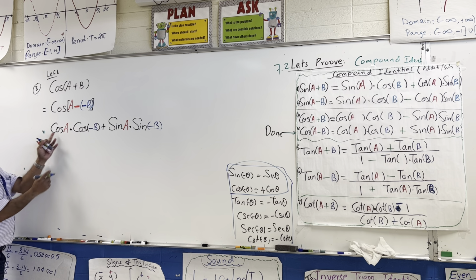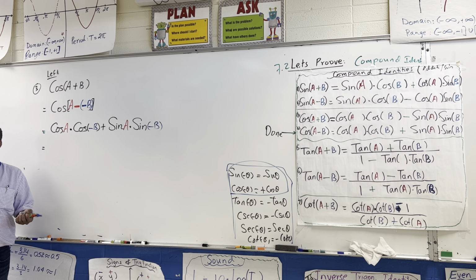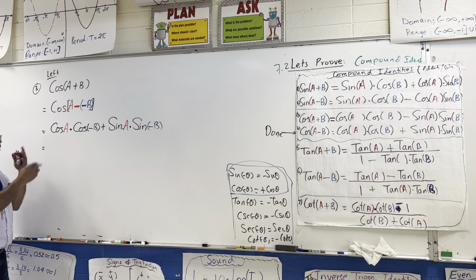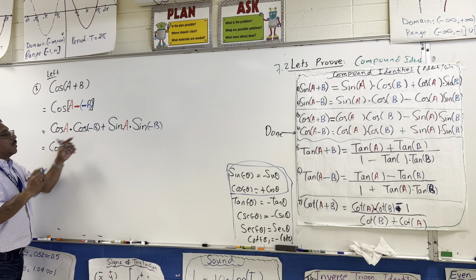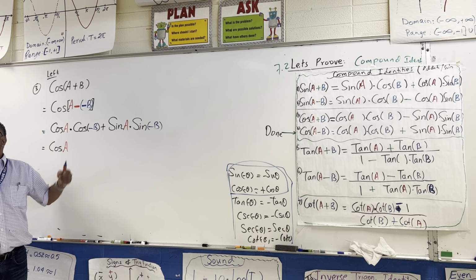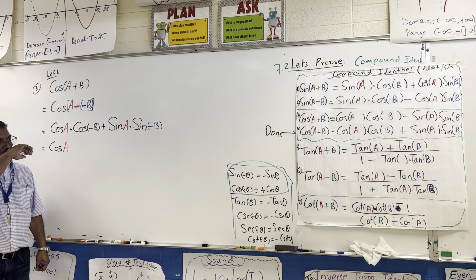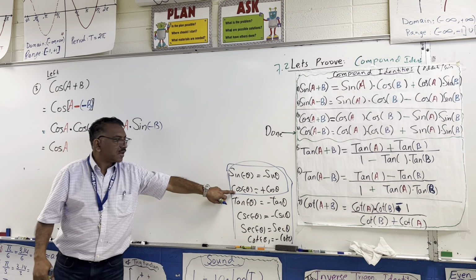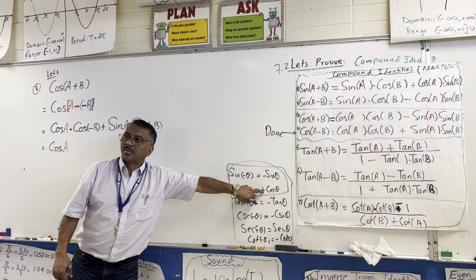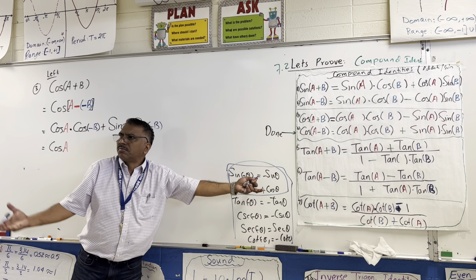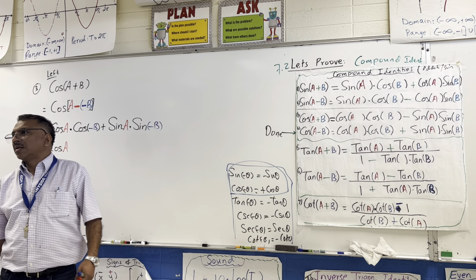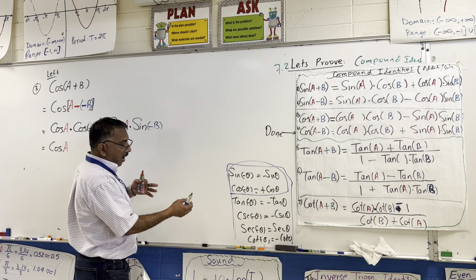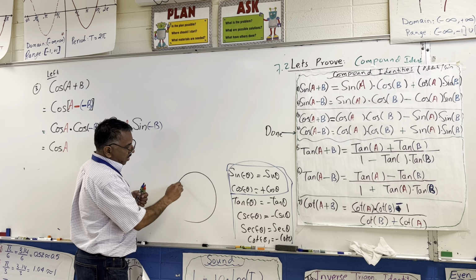So if you see this, do you see cosine A? Can we do anything to it, can we change it, or does it stay the same? Yes, it stays the same. So this stays the same, you can't do anything. But there's a minus here, right? So what do I do with this minus sign? Look at the formula for cosine. You see that? The minus sign just vanishes. If you forget, remember that unit circle that we did.